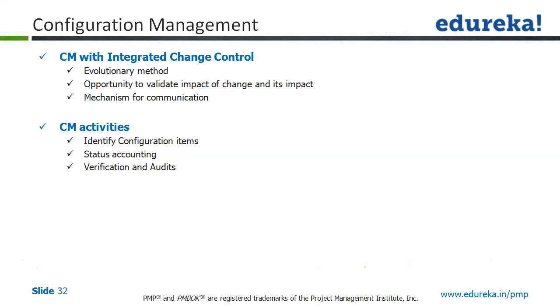So configuration management activities are basically identifying what items we'll have to reconfigure, status accounting, that means pertaining to the configuration status, anything which we'll have to redo, and also looking at verification and audits. This is pretty much needed from most of the industry's perspective when you talk about configuration management.